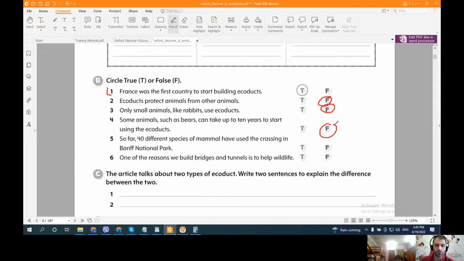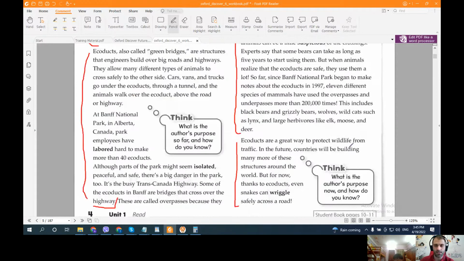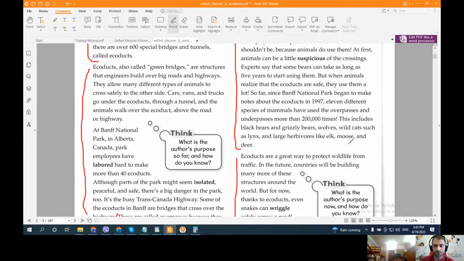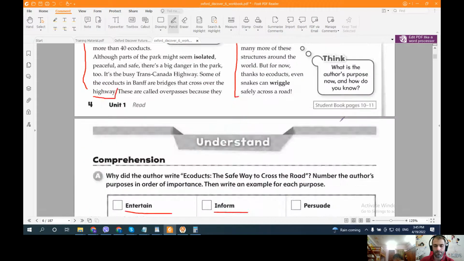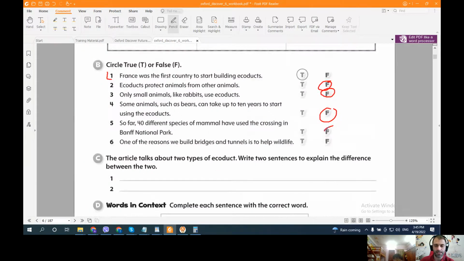Now, number five: So far, 40 different species of mammal have used the crossing in Banff National Park. What do you think? I don't remember. Okay, now let's go to see. So far. False. Okay, and the last one, number 6. True. Okay, very nice.